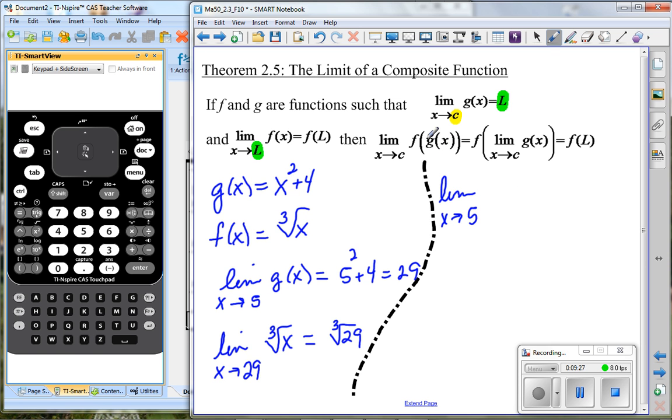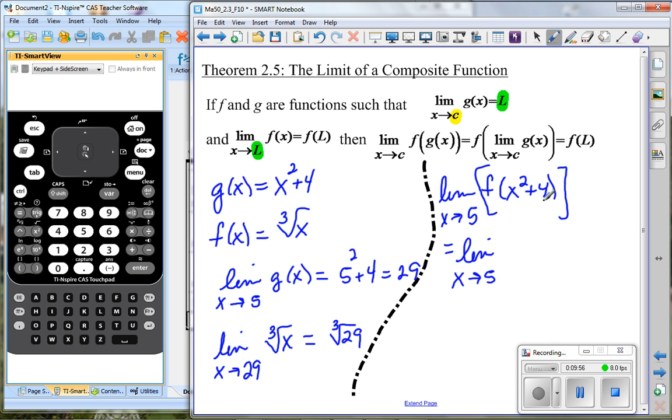Now if we look at f of g of x, that's f of, and g of x is x squared plus 4. Now let's do our steps here. This would be the limit as x approaches 5. What is f of, let's go back and put this inside brackets. What is f of x squared plus 4?